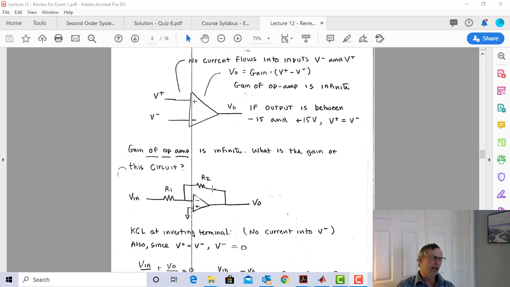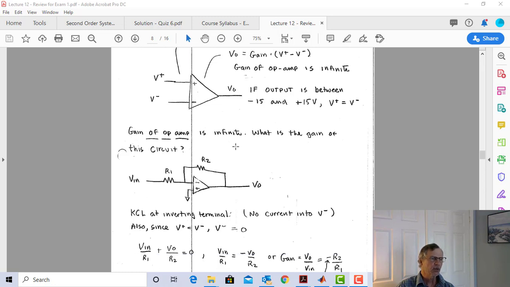So I want to know the gain of this circuit, or in other words, I want V out over V in. We're going to find that what this circuit does is it takes V in, multiplies it by some number that's associated with this stuff, and we get V out. Let's figure out what that number is. So I want to find the gain of the circuit.